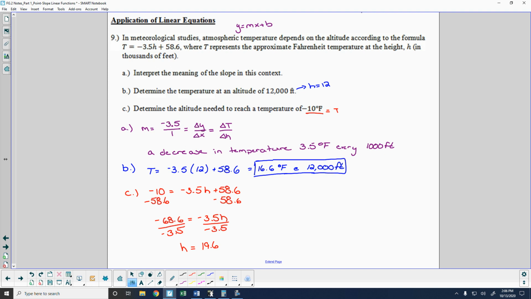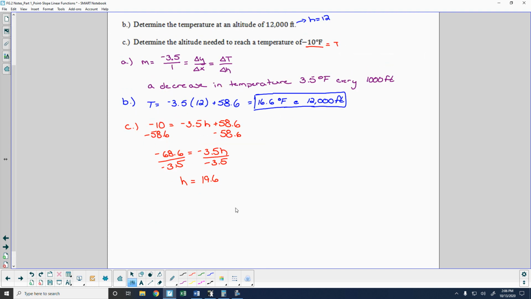The context, remember, is that H is in thousands of feet. So it's not just feet, it's in thousands of feet. So this would be 19.6 thousand. To determine the altitude needed to reach a temperature of negative 10 degrees Fahrenheit, that altitude would need to be 19,600 feet.